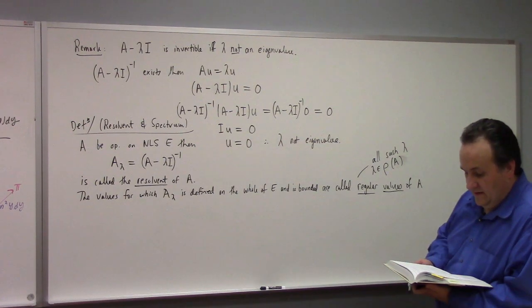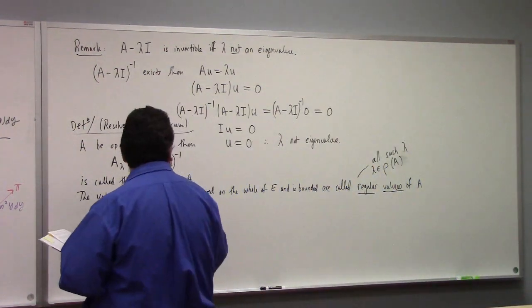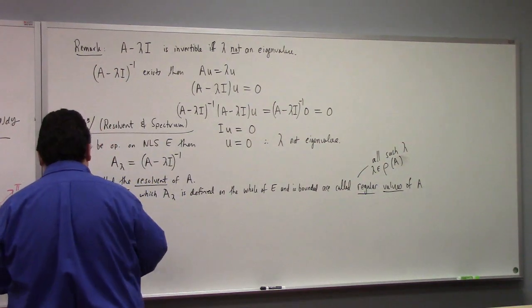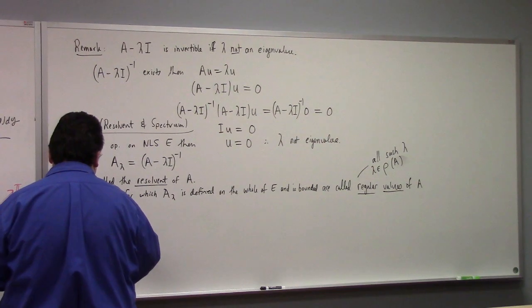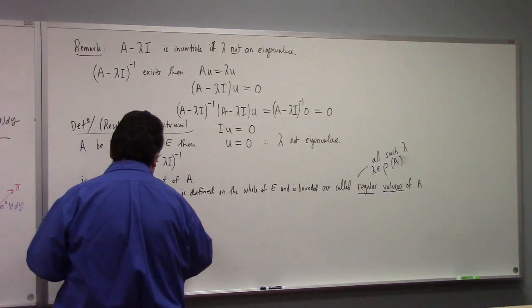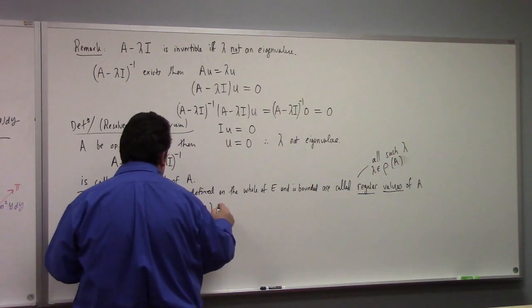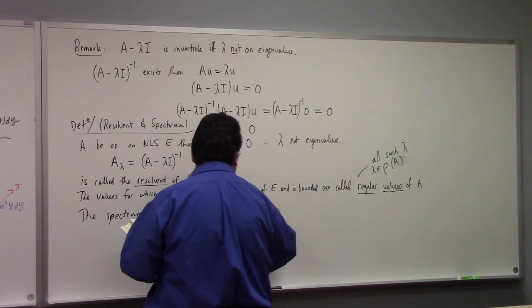The complement of rho of A in C is called the spectrum of A and is denoted sigma A. So the spectrum of A is equal to sigma of A, which is equal to C minus the resolvent set of A.